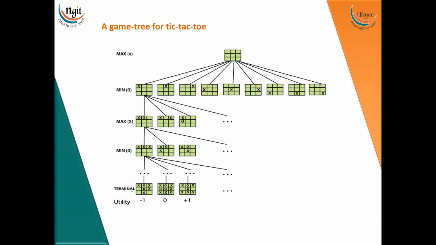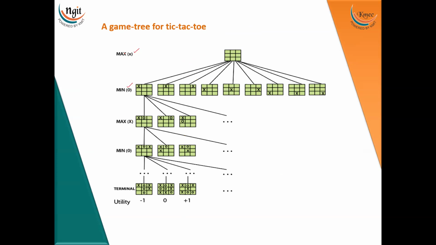When we see a game tree for tic-tac-toe, you can see this one. This is the state space representation of tic-tac-toe, and students, you are aware of how we are going to play tic-tac-toe. We require two players, maybe ourselves, a human being, playing with a machine. The players we call max and min.